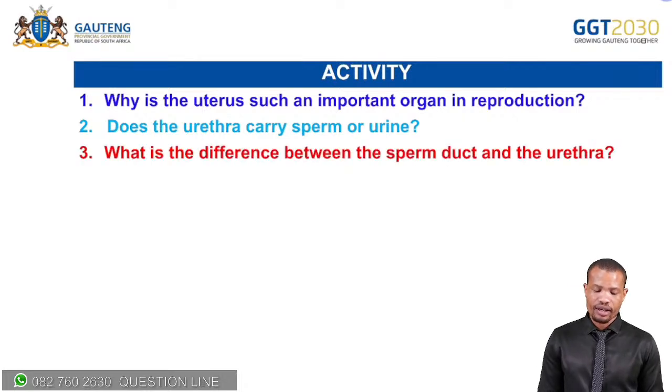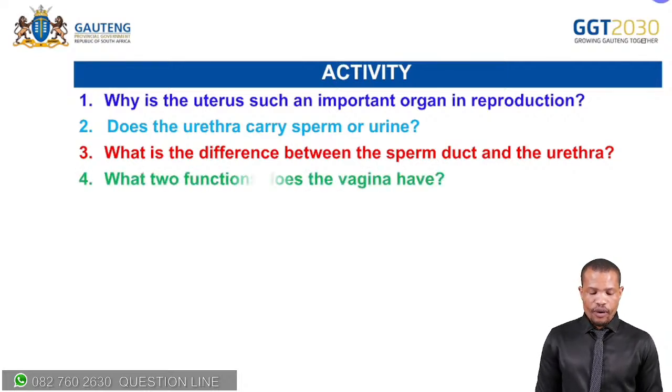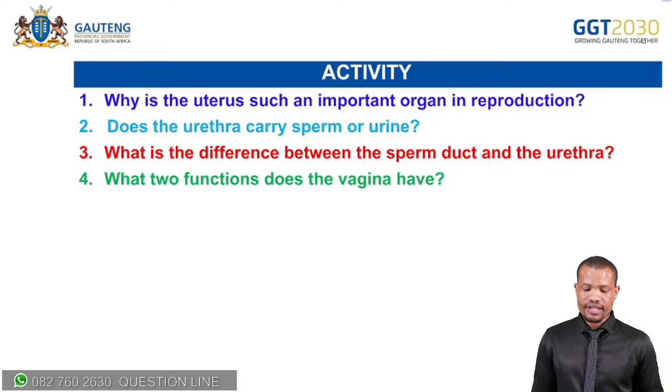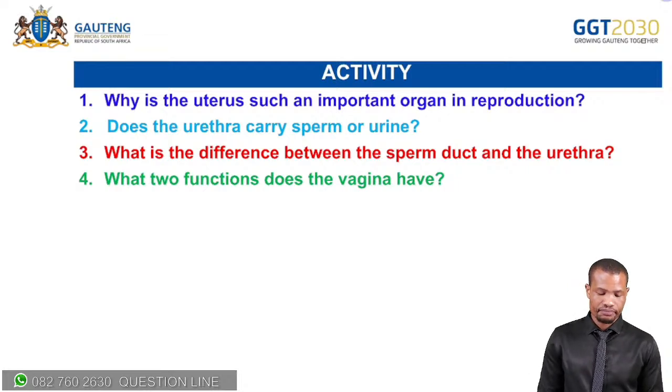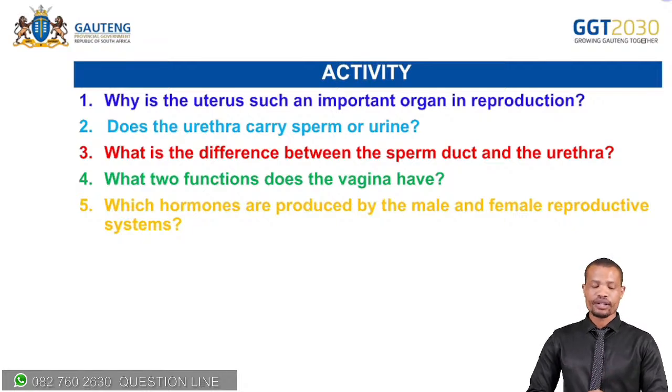Third question, what is the difference between the sperm duct and the urethra? Number 4, what two functions does the vagina have? And 5, which hormones are produced by the male and female reproductive systems? So you have 5 minutes to work on these 5 simple questions, and your time begins now.